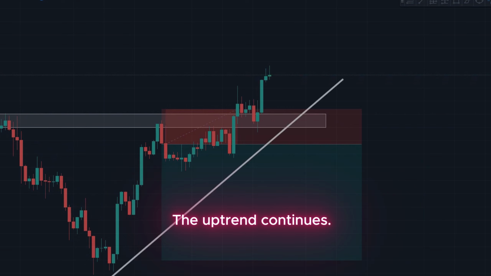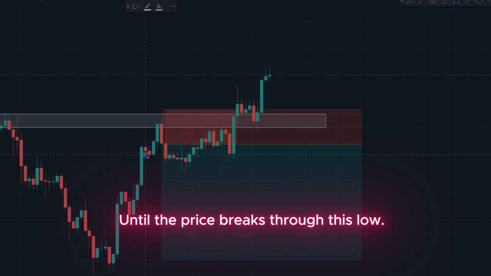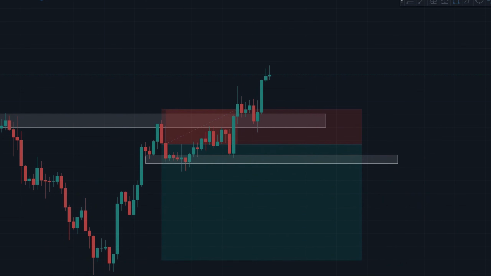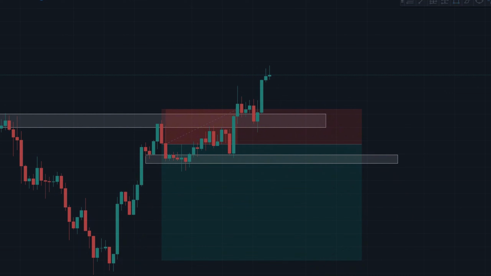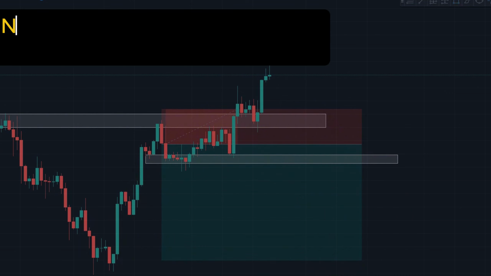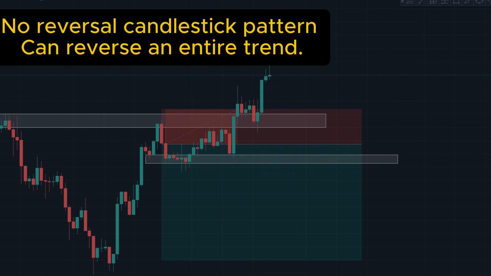The uptrend continues until the price breaks through this low. Breaks through the low of the uptrend. Only then does the uptrend end and a downtrend begins. That's why no reversal candlestick pattern can reverse an entire trend.